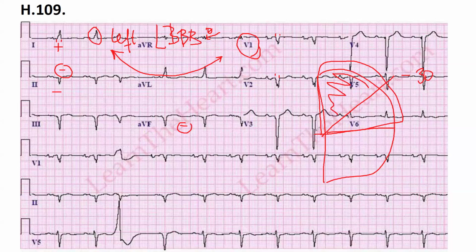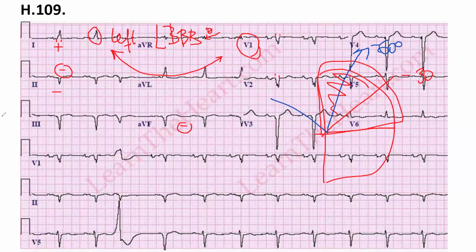After that you look at AVR, because AVR is perpendicular to minus 60. As you see here, this is 0 in AVR, so your axis is minus 60 degrees, meaning that you do have an extreme left deviation.